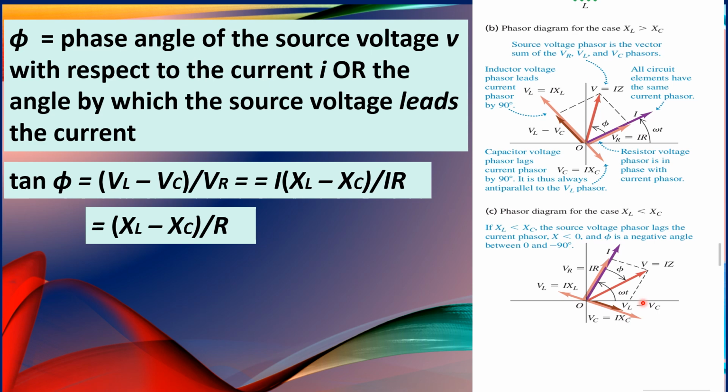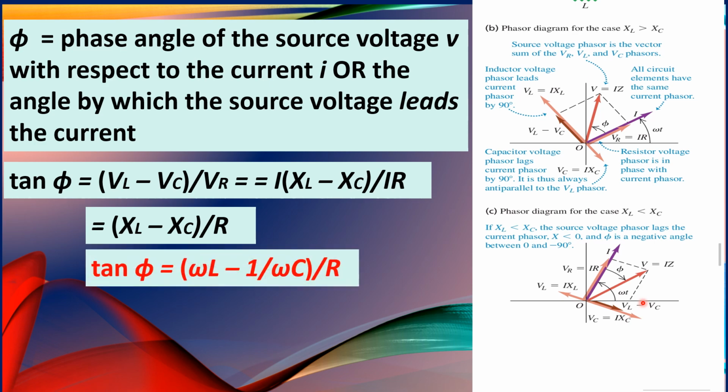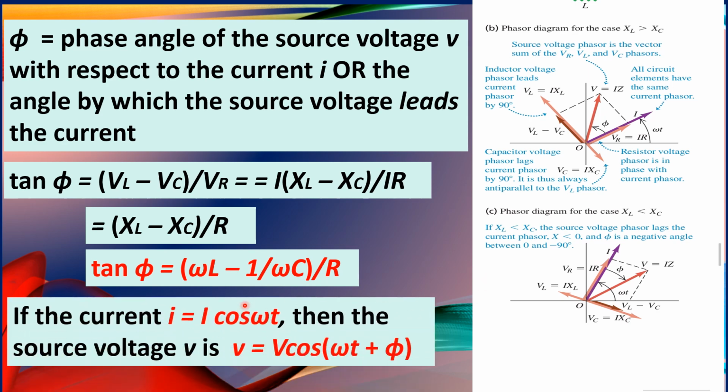And that is shown in this equation for tangent of angle phi, which is just equal to the ratio of omega L minus the reciprocal of omega C divided by the resistance capital R. If the current small i is defined as capital I cosine omega t, then the source voltage small v can be expressed as capital V cosine of omega t plus angle phi.